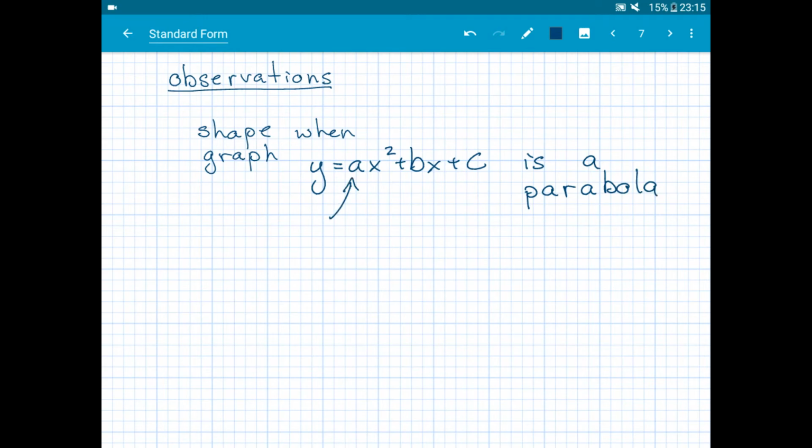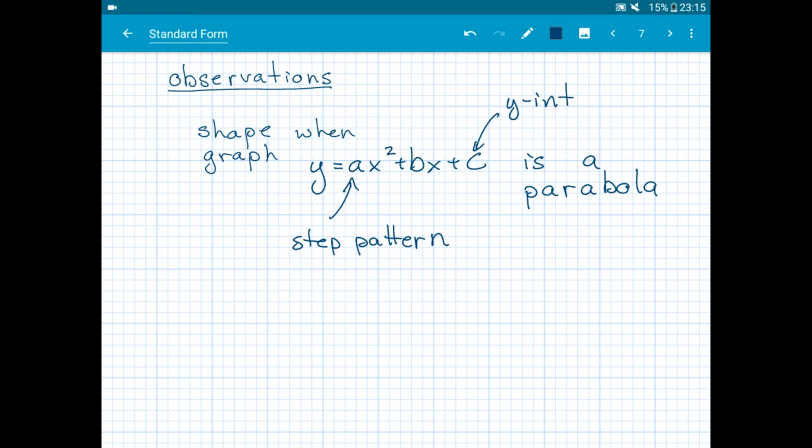We notice that this can give us information about the step pattern, allowing us to draw subsequent points from the vertex. This shows us the y-intercept.